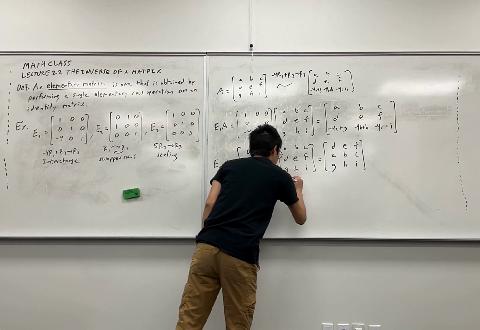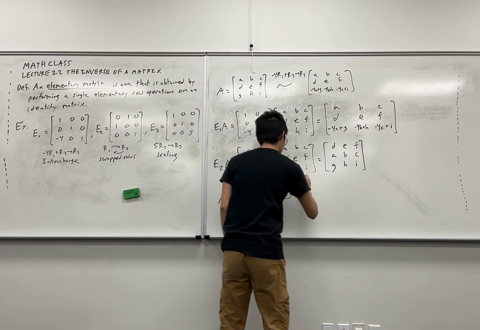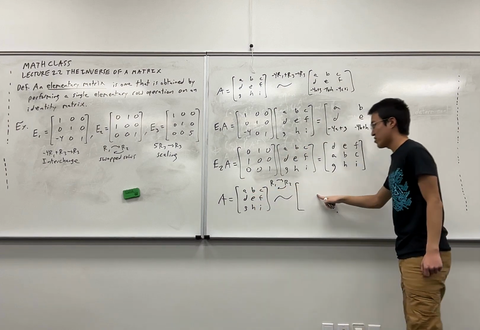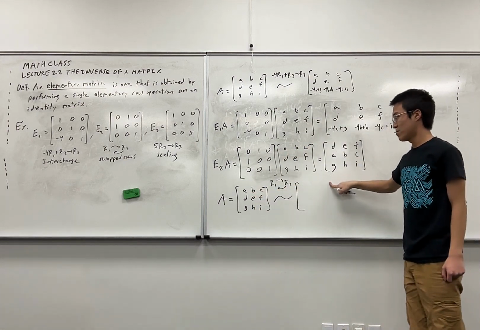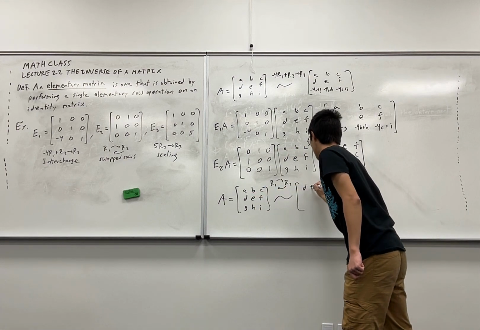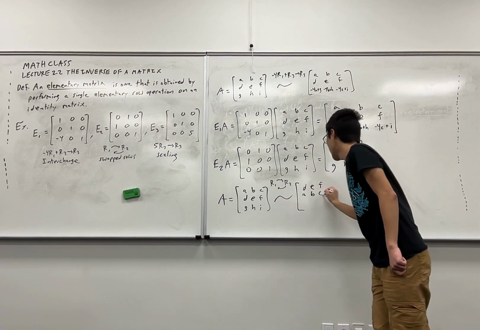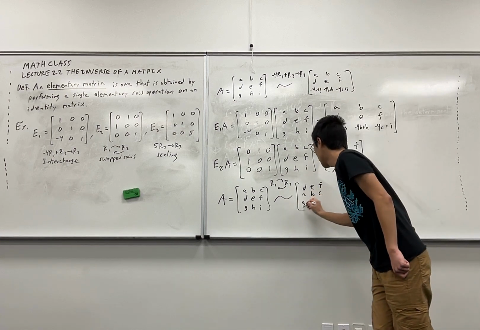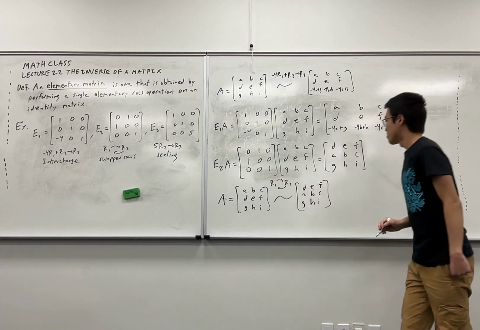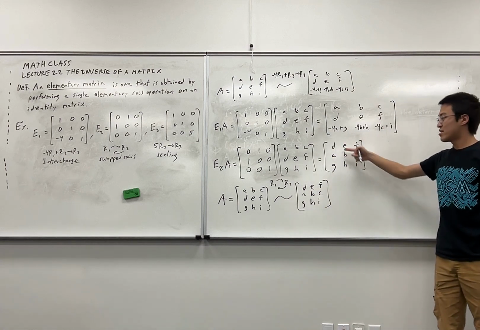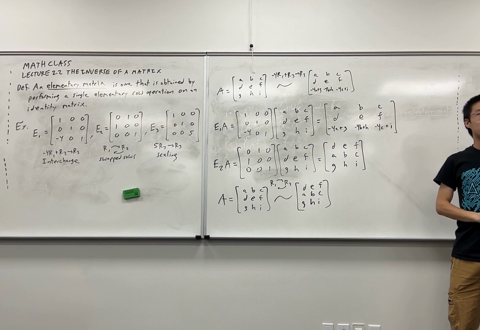Let's take R1 and R2 and make them flip. So this becomes row equivalent to what? What's the first row? What's the second? And the third row? So isn't this a lovely coincidence that it spits out exactly the same thing?